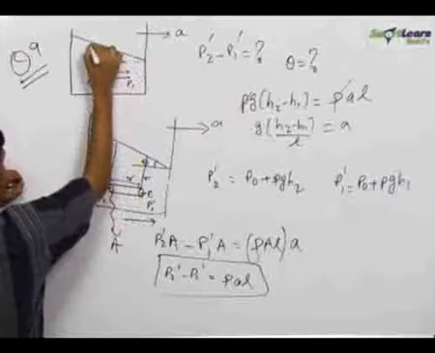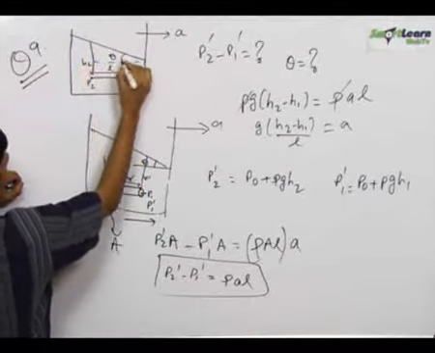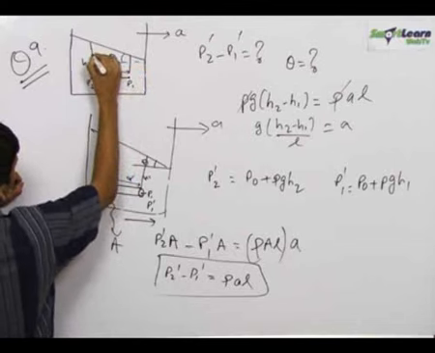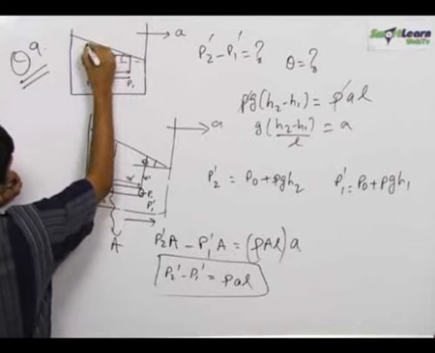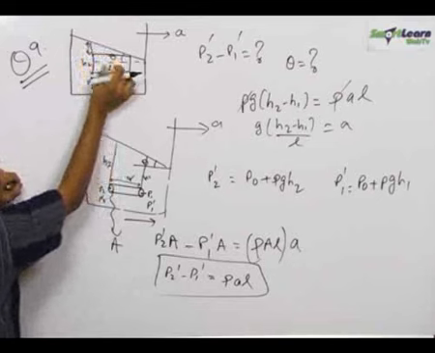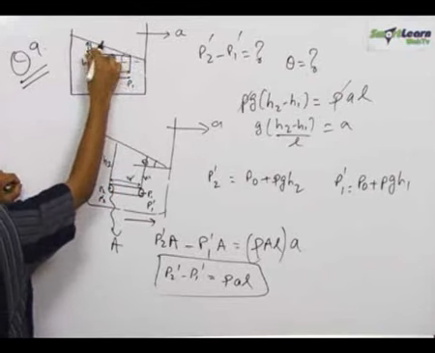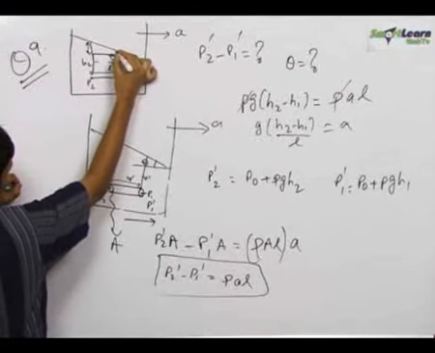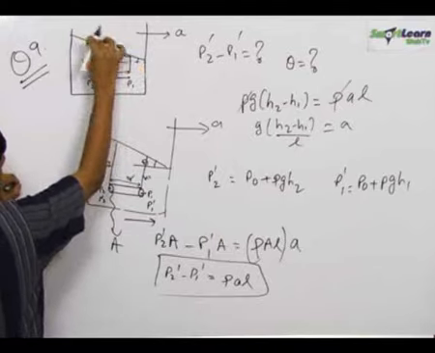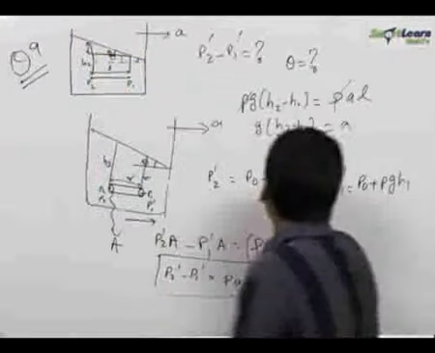Now this was h2, this was h1, so this is h2 minus h1, this is L. So h2 minus h1 upon L, this angle was theta, therefore this angle is again theta, therefore h2 minus h1 upon L is equal to tan theta.